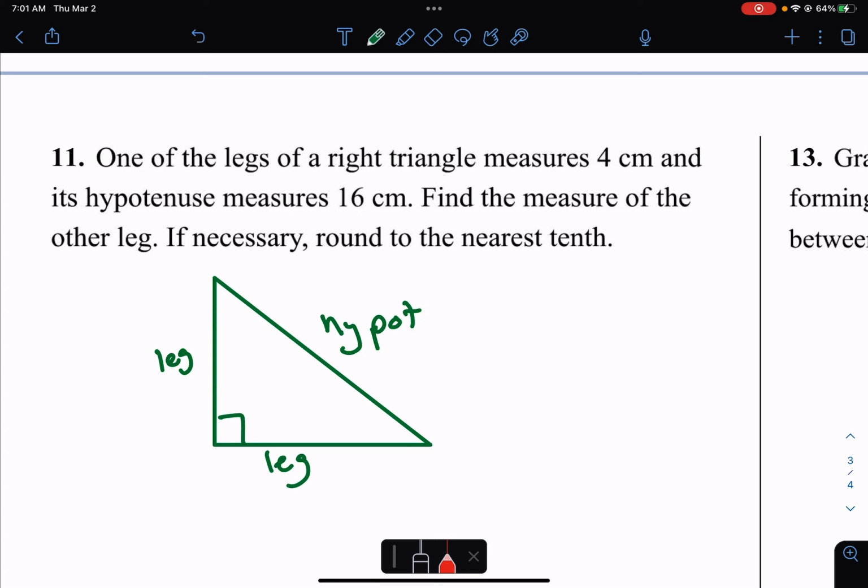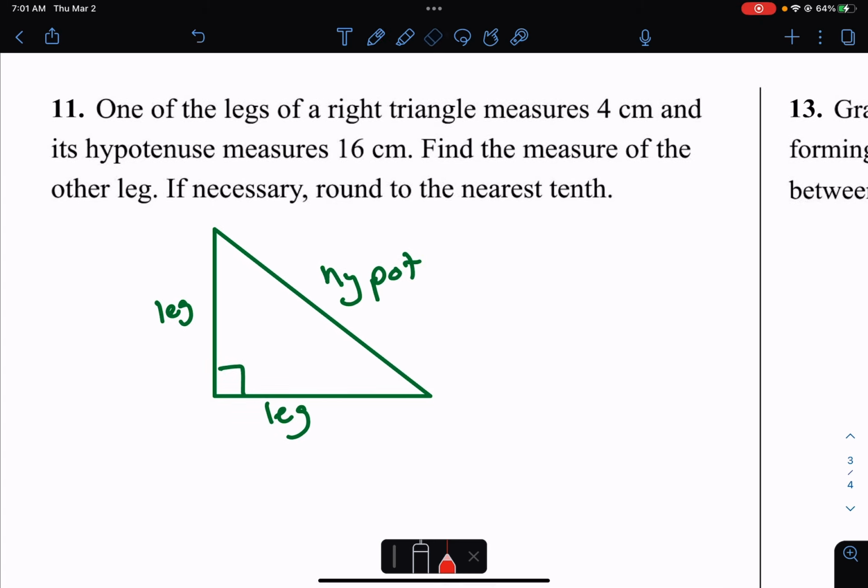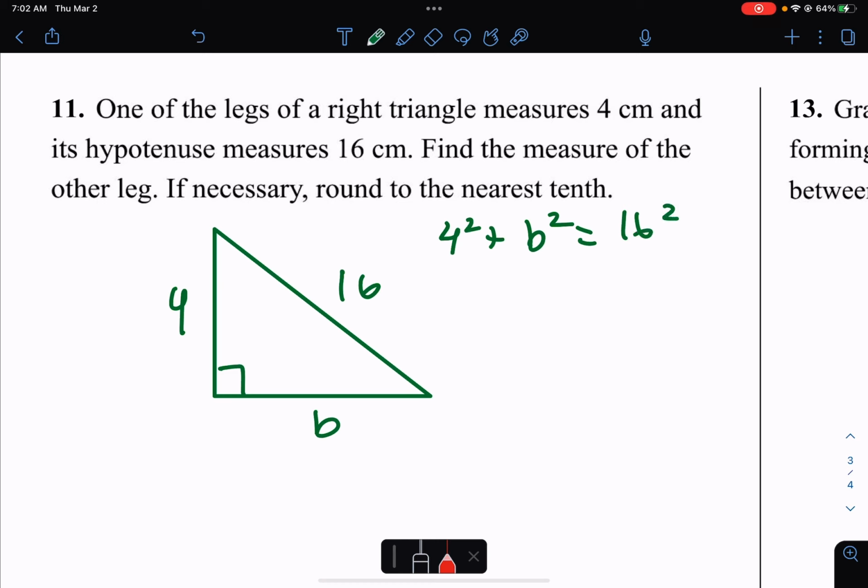All right. So they tell us here that one of the legs measures 4, so we could put a 4 here. And the hypotenuse measures 16, and they want us to find the other leg. So that's like our X, or we could just say it's our B. So we can say 4 squared plus B squared equals 16 squared. So we get 16 plus B squared equals 256.